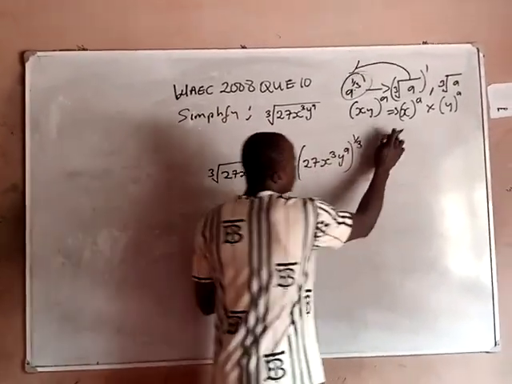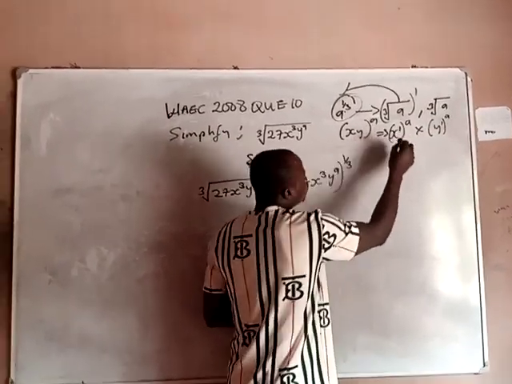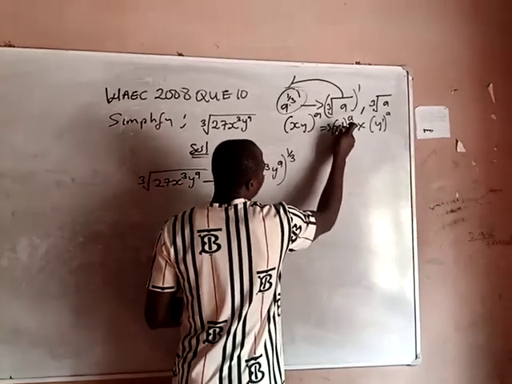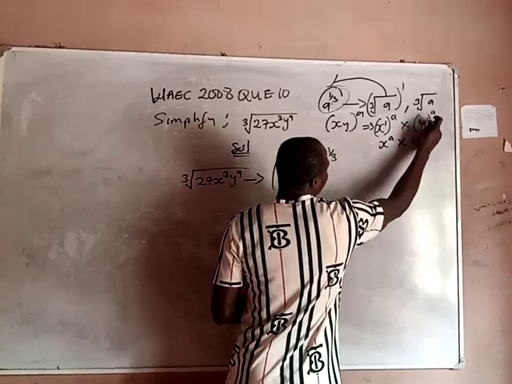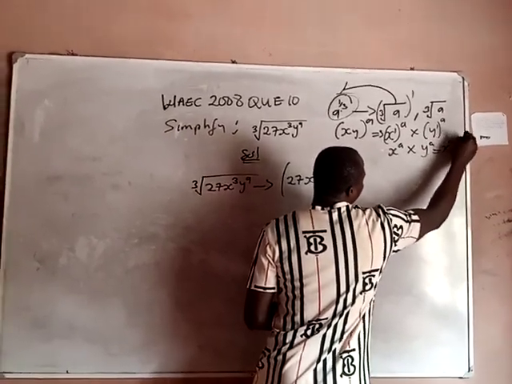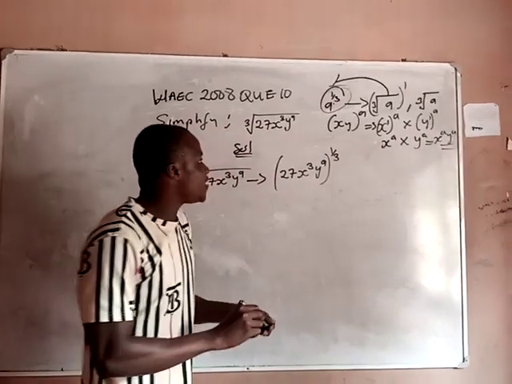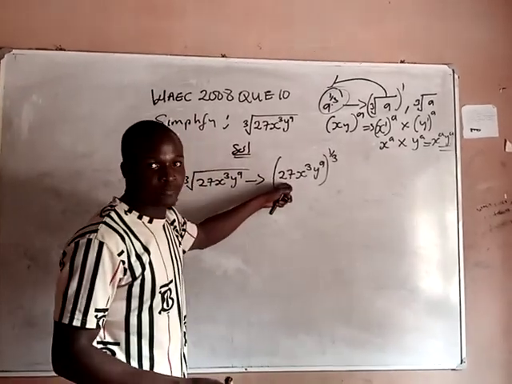So x to the power 1 times a is x^a, and y to the power 1 times a is y^a. The same way we apply this, we are going to apply it here also.